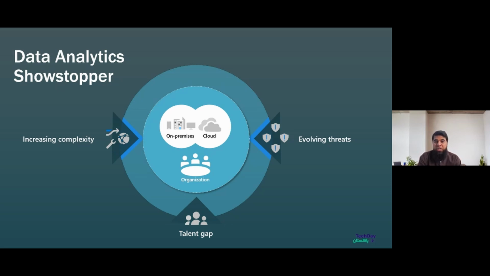We have multiple types of data blended in a single data warehouse, through which we are creating data marts and then exposing them to the data analytics part. But due to this complexity, our analytics is facing some serious showstoppers.